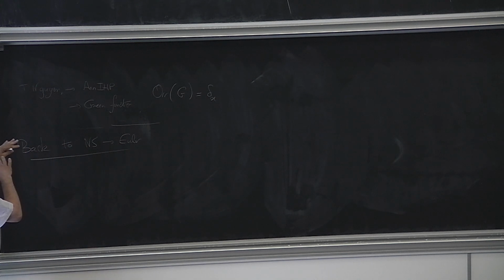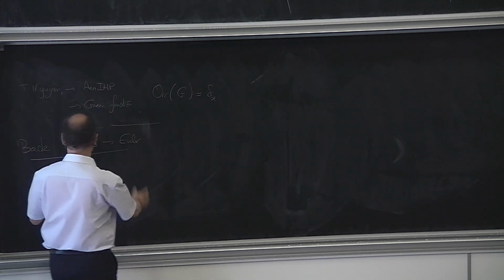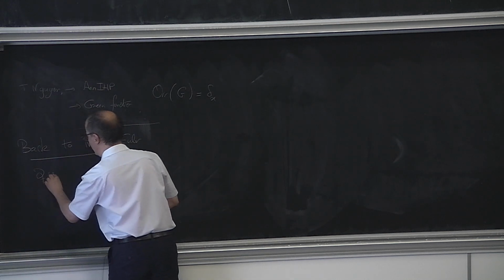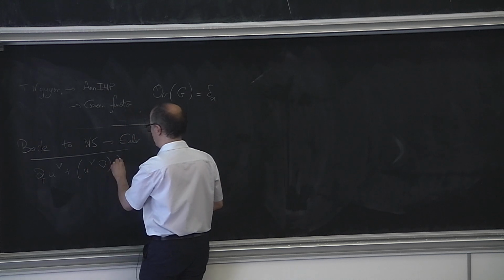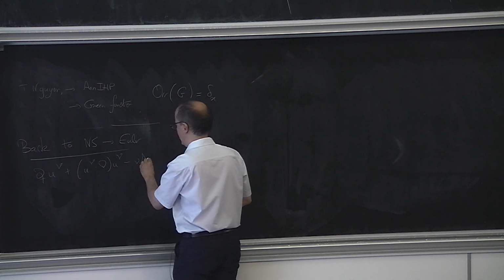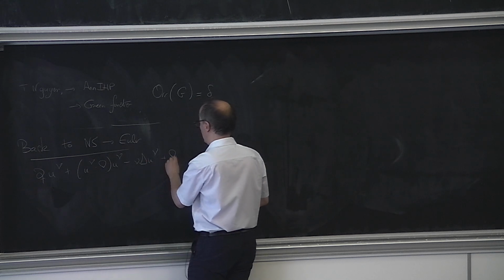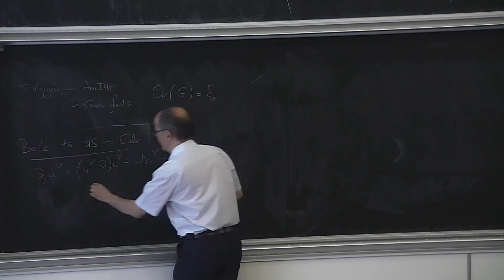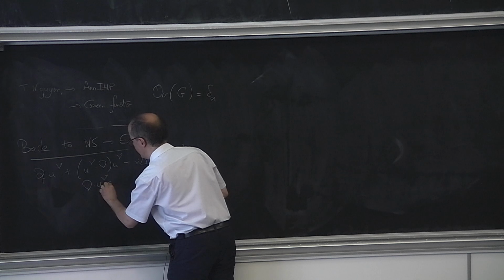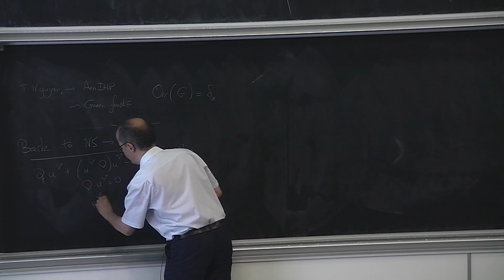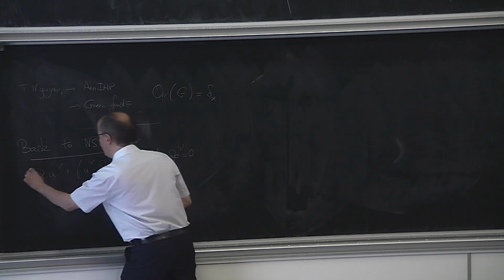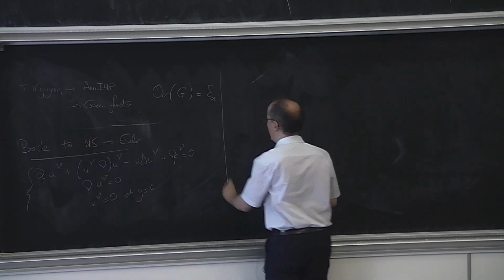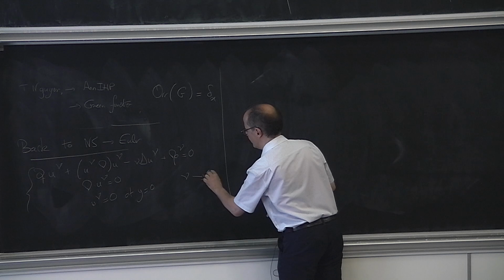Given some overview of Rayleigh, some overview of Sommerfeld, and now I go to Navier-Stokes to Euler, namely, let me rewrite the equation. So the usual equation, of course, at y equals 0. And of course, I would like to understand what happens when nu goes to 0.